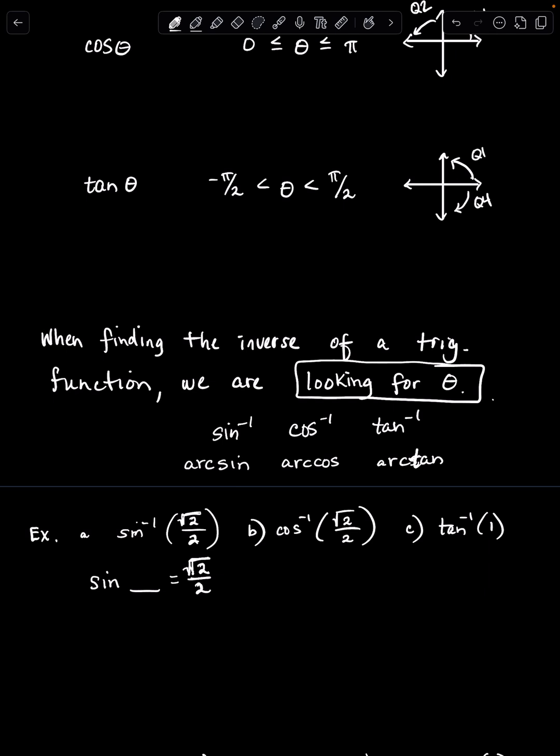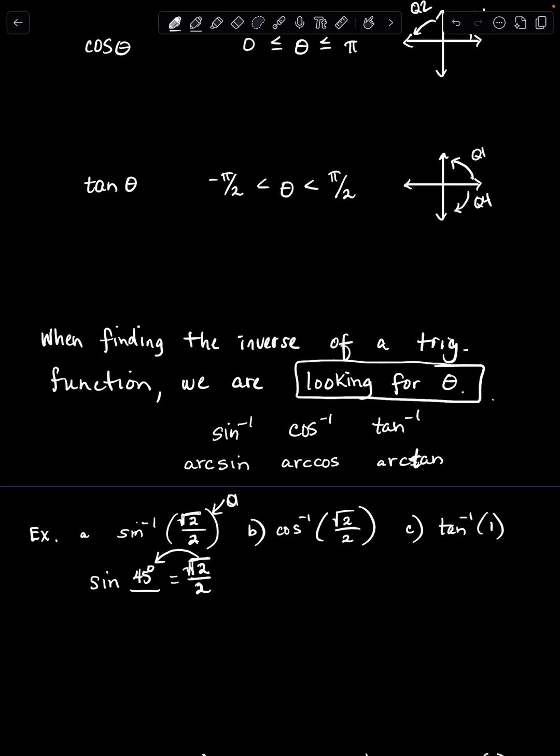That would be my output, and then I'm going backwards and looking for the angle. Inverse means I'm looking for the angle. So the sine of what angle is the square root of 2 over 2? Well, that's 45 degrees. This is coming out of quadrant 1 because this was positive. And so the inverse sine of the square root of 2 over 2 is 45 degrees.